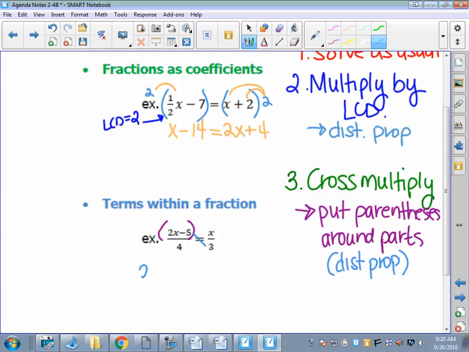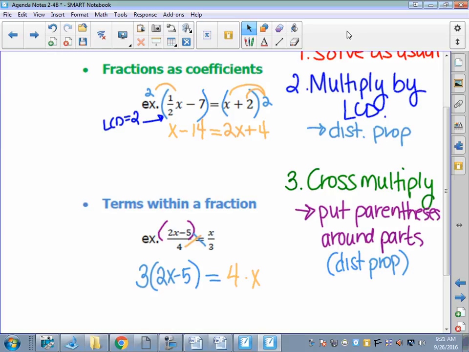So I would do 3 times (2x minus 5), put an equal in the middle, 4 times x. Again, you can put parentheses around that x if you want to, or you can just leave it. We know we're going to multiply it.